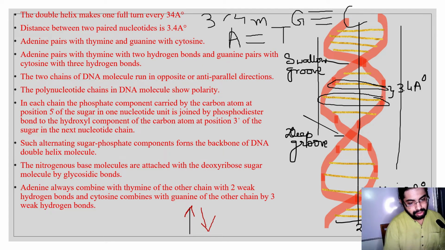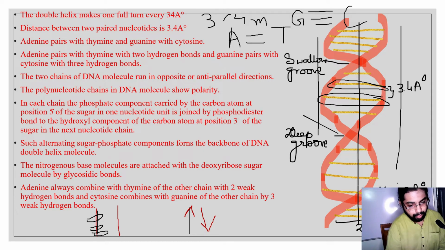So the polynucleotide chains in the DNA molecule show polarity. Every strand or chain of DNA consists of nucleotides, right? A nucleotide, as I mentioned in the general structure, is made up of a nitrogenous base, sugar and phosphate.